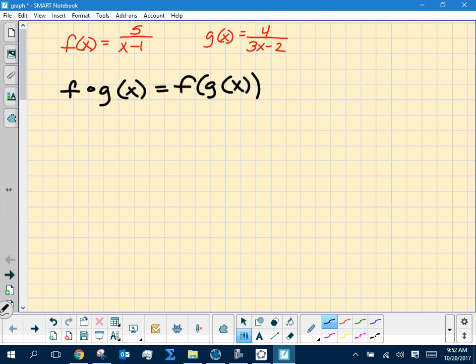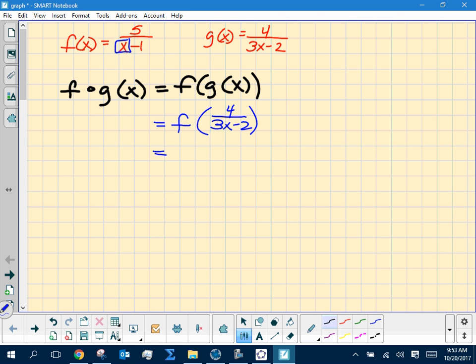So the first thing I'm going to do is create what this function looks like. g of x is 4 over 3x minus 2, right? I'm now going to take that expression and plug it into f everywhere that I see an x.